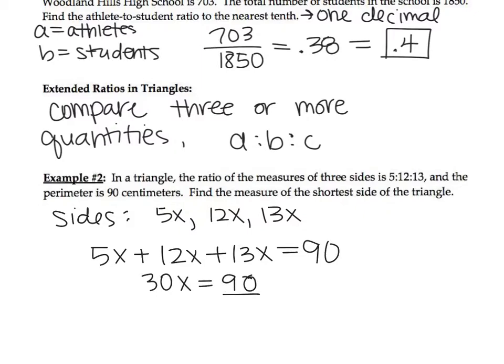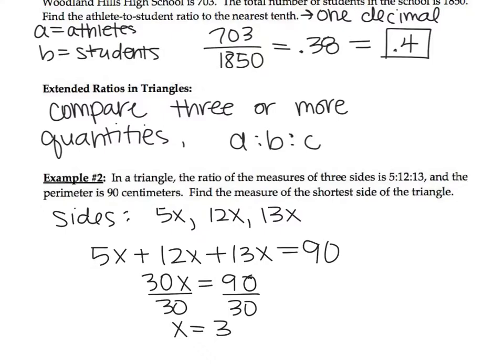Divide both sides by 30, and we get x equals 3. So what this tells us is, in order to get a triangle whose ratio of sides is 5 to 12 to 13 and a perimeter of 90, I have to multiply those ratios all by the value of 3.